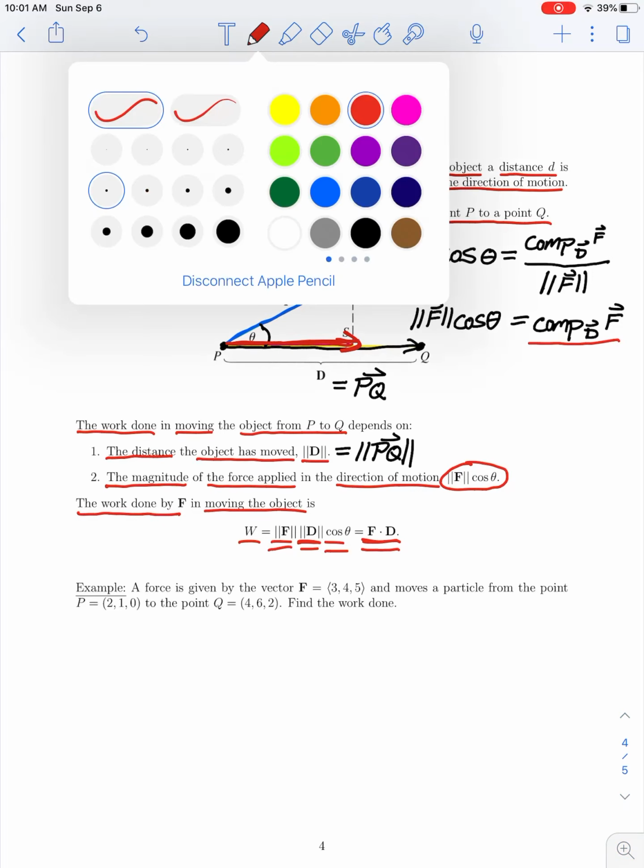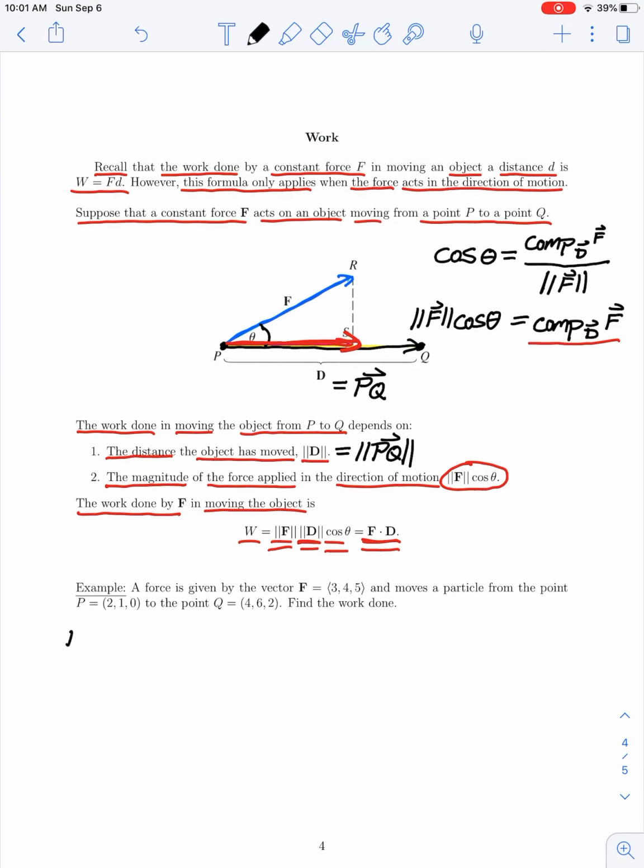What we still need to find is the displacement vector. The displacement vector is denoted as D, and it would be the vector from the point P to the point Q.